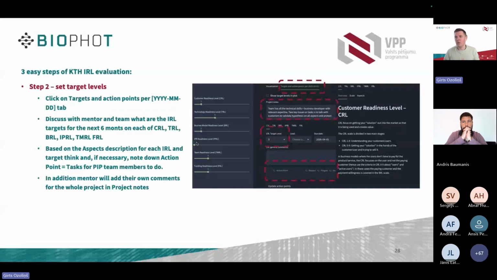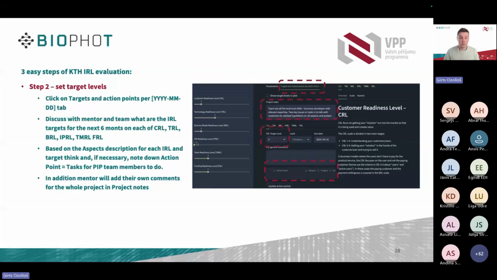We don't know yet, but we have some preliminary market research because customer readiness level is already 2. Technology is quite mature, actually this is 4. Business model is not even at the second level, meaning they have done something, and team and funding they have also already done something because they are at TRL 3. So this seems like a good thing to investigate and increase further. Just in this specific case.